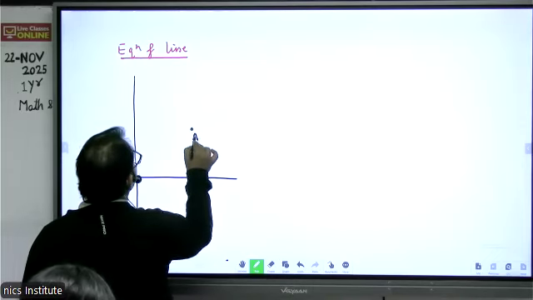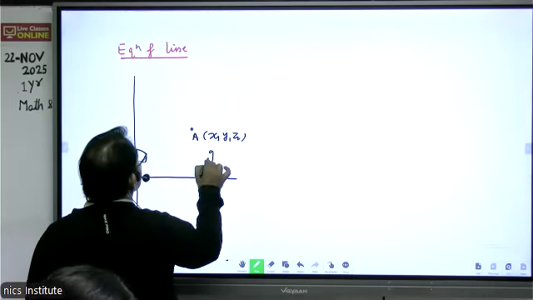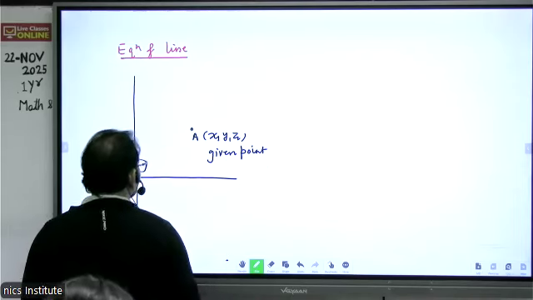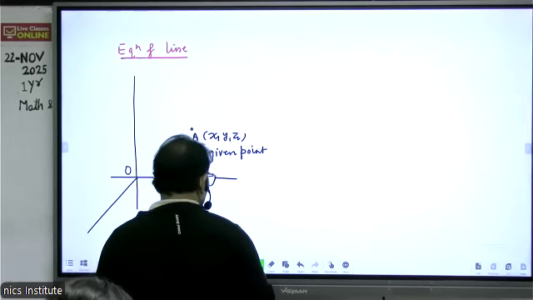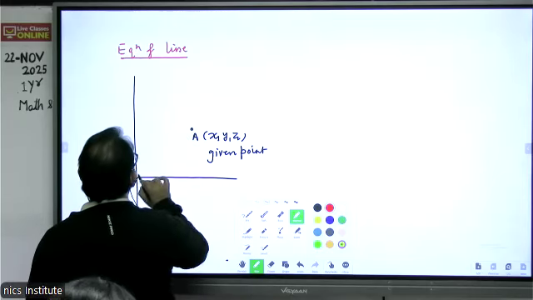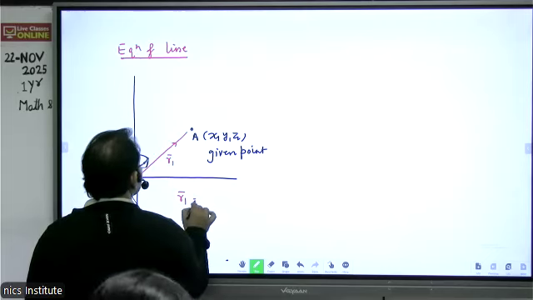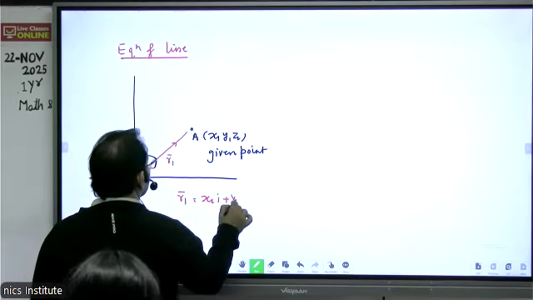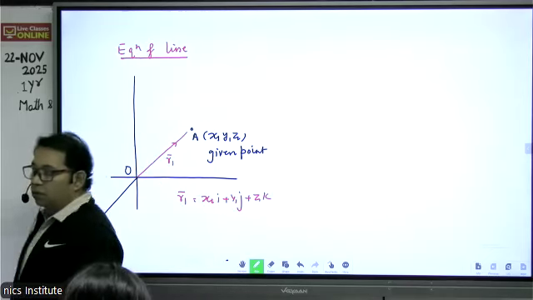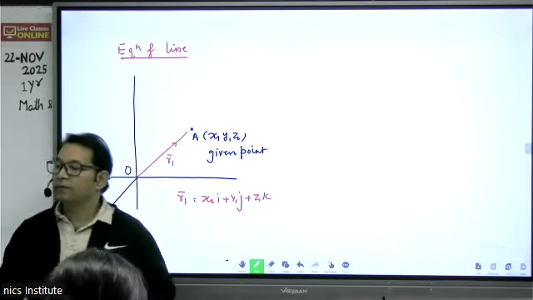This given point is A, and it has coordinates x1, y1, z1, and its position vector is R1, which is x1 i + y1 j + z1 k. So our line passes through this point A.